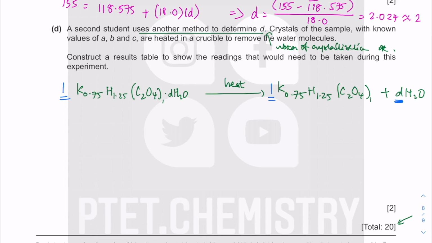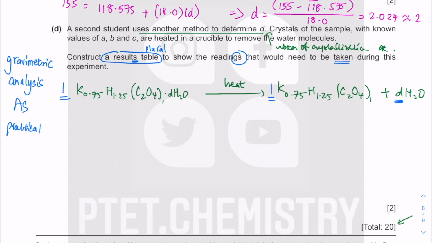Alright, in terms of a results table, results is plural, so we need more than one reading taken. This is one of those things called gravimetric analysis. Gravimetric analysis is part of AS practical, and it is also very commonly asked in A2 paper 5.